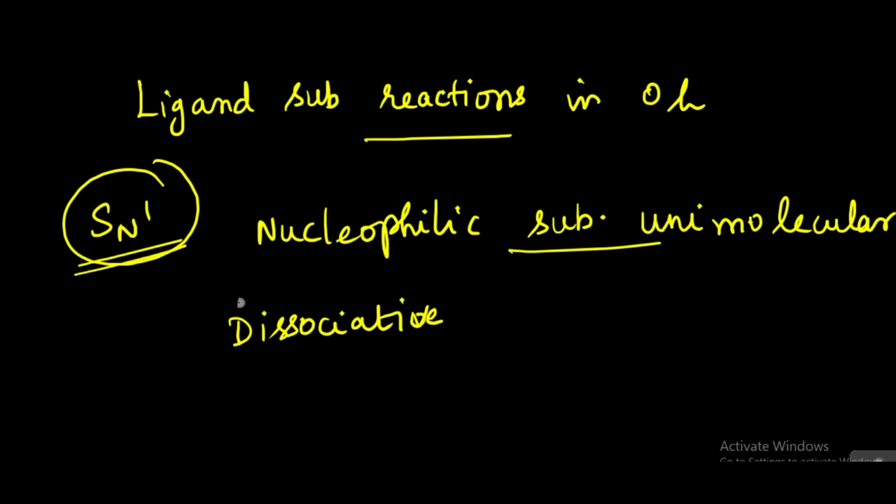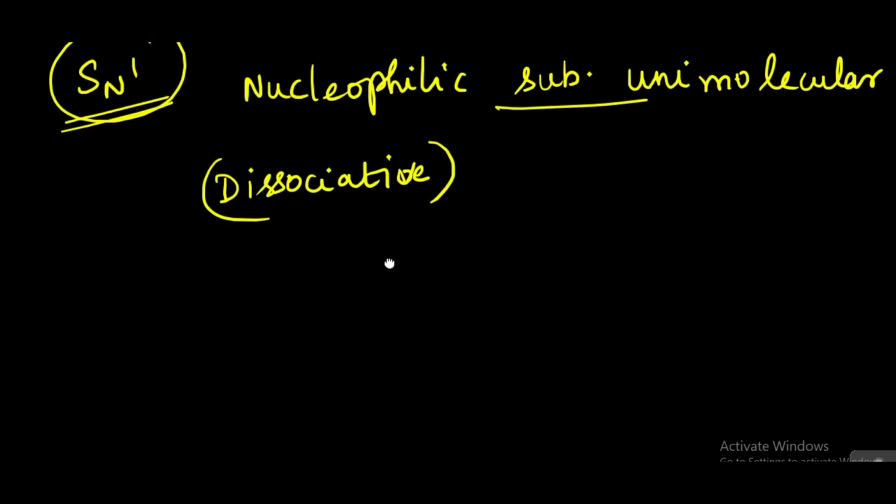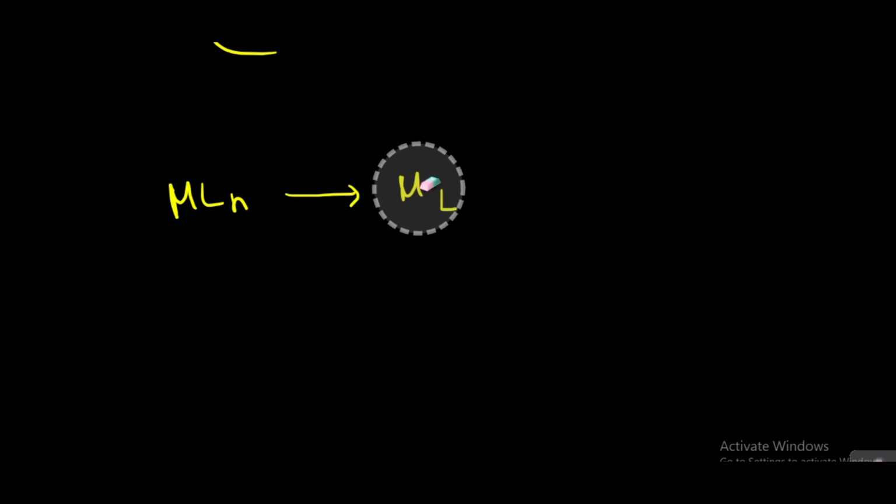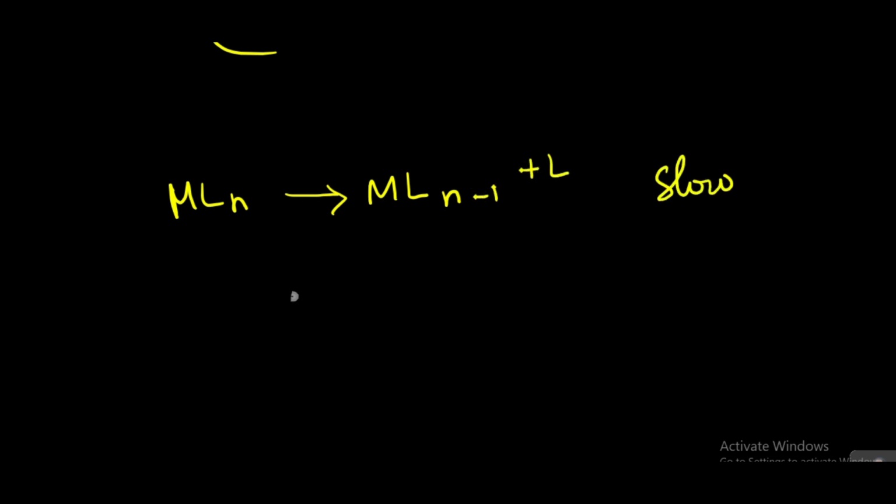It follows the dissociative mechanism. In this mechanism, first the reactant metal complex dissociates. You know that MLn first dissociates into MLn-1 plus L. It is a slow dissociation step.